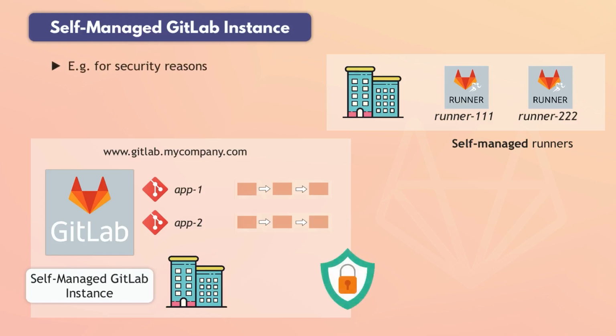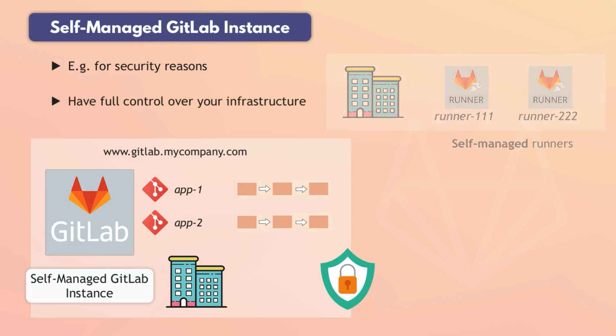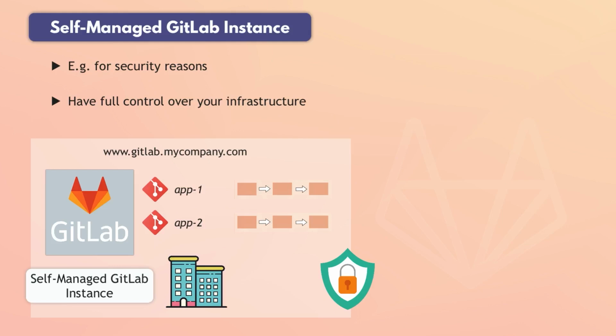So you want absolute isolation from all other GitLab users, and you need absolute control over your GitLab setup and the underlying infrastructure. Or maybe you want to automate this whole thing as part of your DevOps processes. Maybe you already have servers that you pay for, so you want to use them instead of paying additionally to GitLab. Maybe you just want to save infrastructure costs because GitLab managing this for you actually costs you some money.